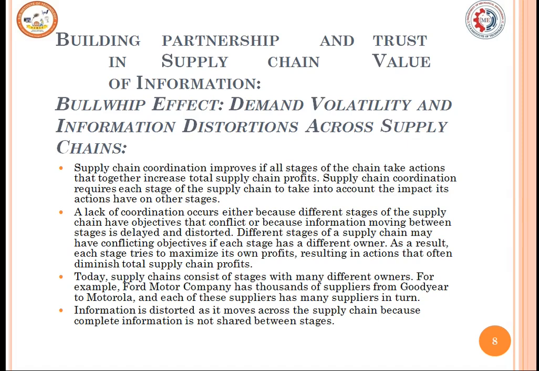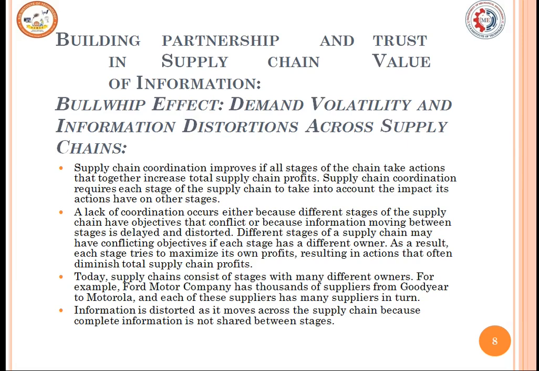How do we build partnership and trust in the supply chain? For this, the bullwhip effect comes into the picture. It discusses demand volatility and information distortion across the supply chain. Supply chain coordination improves if all stages of the chain take actions that together increase total supply chain profits.